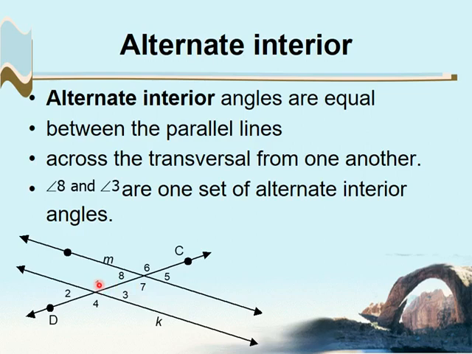And remember, these are interior angles. Interior angles mean angles formed inside the lines, the interior portion of these two lines: 7 and 1, 8 and 3. And this line M is parallel to line K.